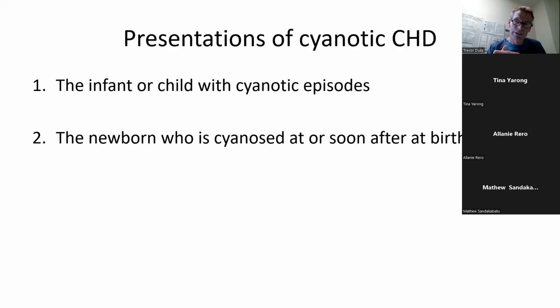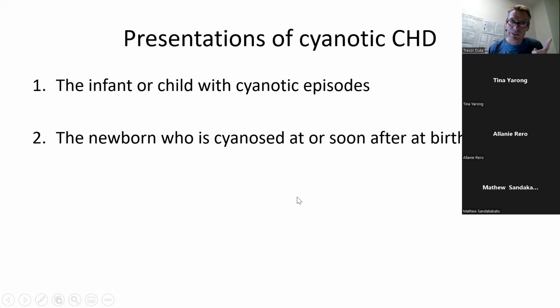And the reason why these presentations are different is because the causes of an infant with cyanosis are different to a newborn baby with cyanosis. The types of cyanotic congenital heart disease that cause these things are different. And we'll talk about that.